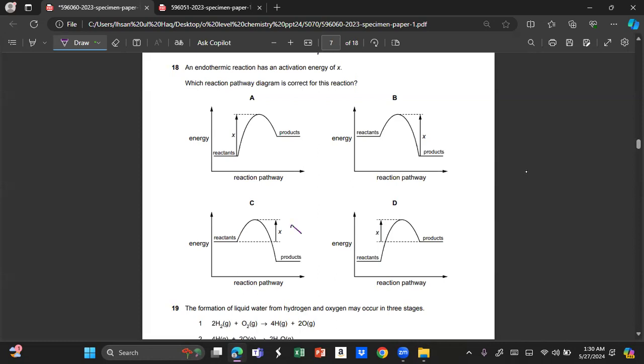So we will reject this. Only 2 options are left. If you know the concept of activation energy, you will definitely reject this because the activation energy always starts from the reactants. Option A is correct because its activation energy is from the reactants to the top of this peak. Hope you understand.